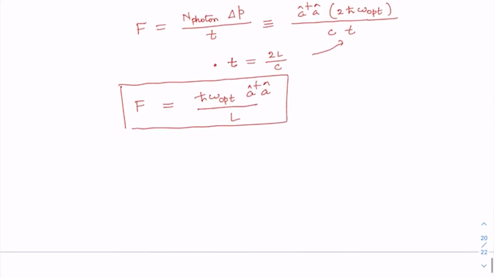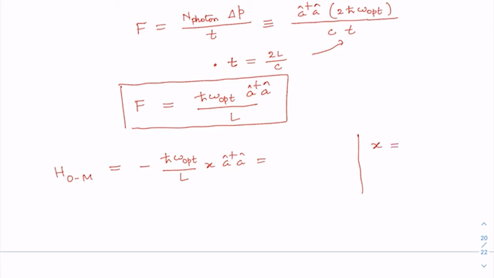Okay, now this particular term, the interaction term, can be written a little bit in a different way, in a more familiar form actually. That would be h cross omega optical by L x A dagger A. This I can write as, because you see x is the displacement of the movable mirror.